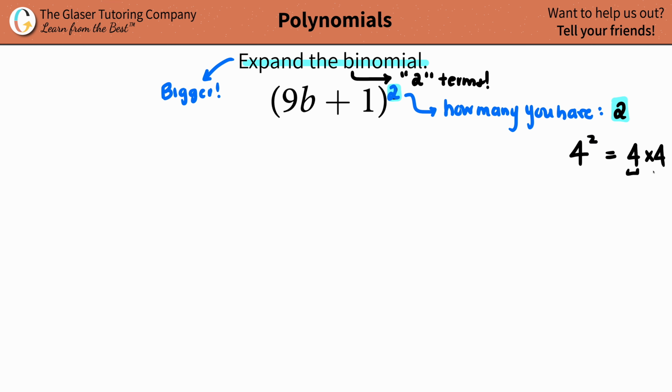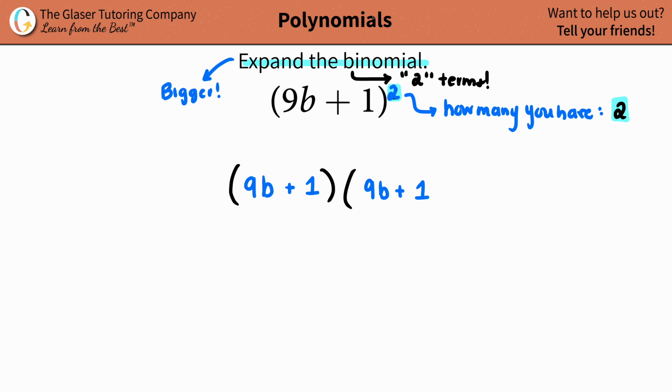Here's one and here's the other. So let's just rewrite and expand the binomial by just stating that you have 2 of these. So here's my first parenthesis, 9b plus 1. There's your first binomial. And now let's do it again, 9b plus 1. And there's your second. There's your expansion.